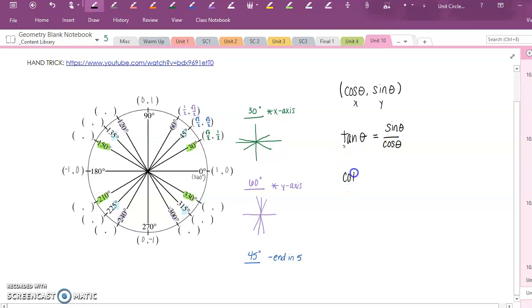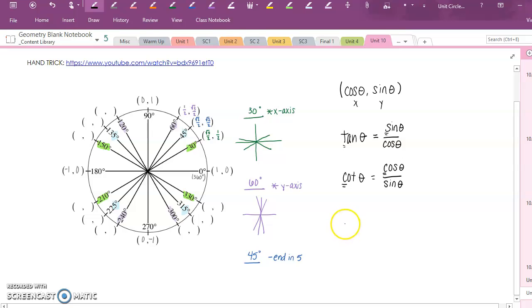Then we have cotangent. Cotangent is equal to cosine over sine. C, C. Cotangent, cosine goes on top. Whereas tangent, ST, sine goes on top.